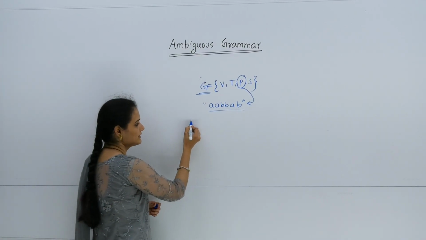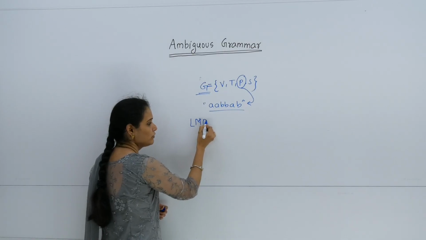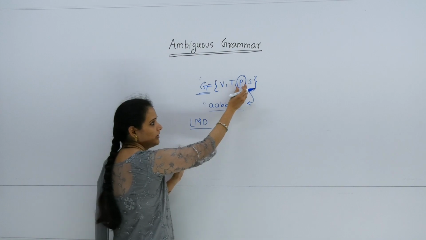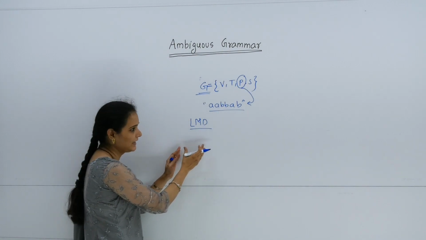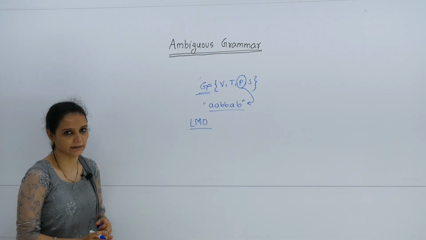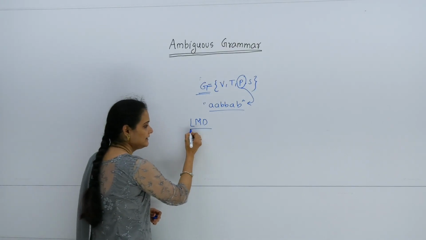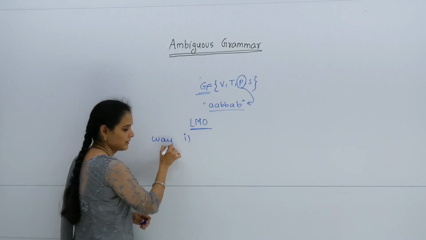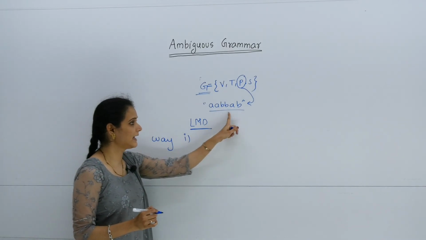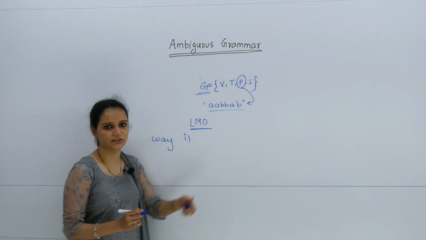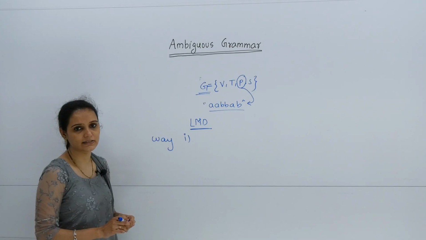Suppose we use the leftmost derivation and take one of the production rules, and we obtain the string. That is our way 1 to derive the string that we have been asked to derive.